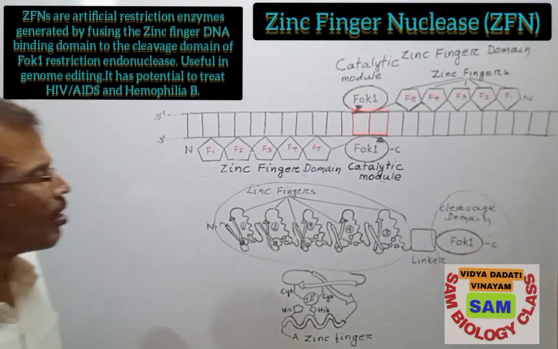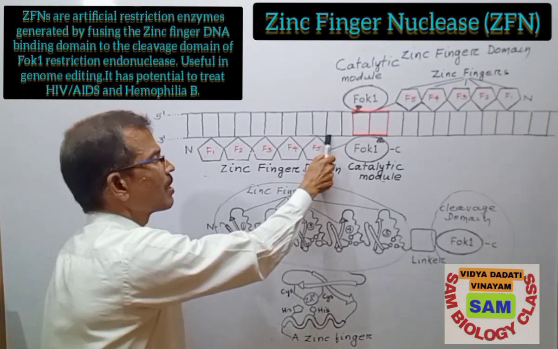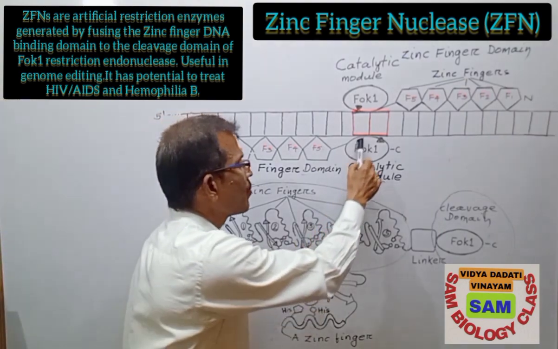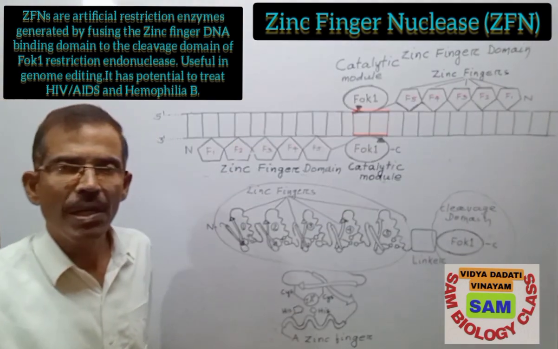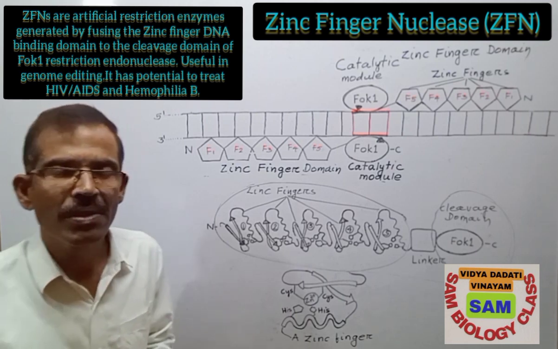The function of the zinc finger domain is to bind with a specific sequence of DNA, and the function of the FokI cleavage domain is to cut the DNA at a specific sequence.